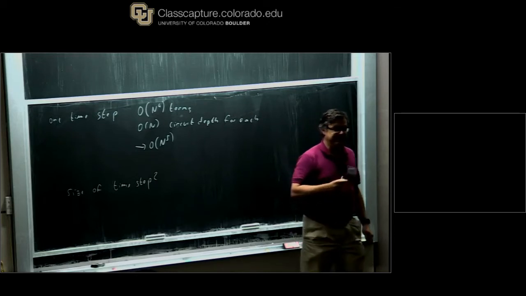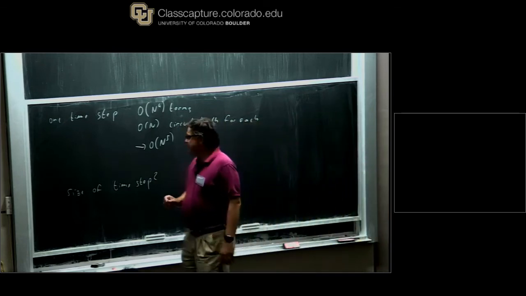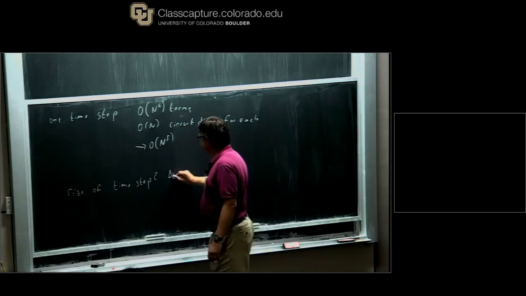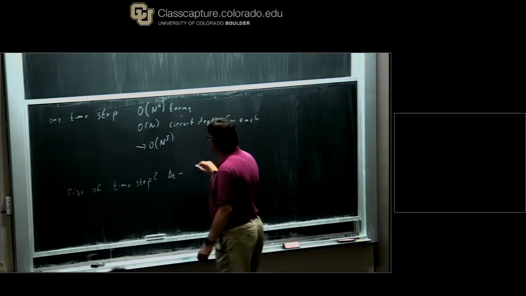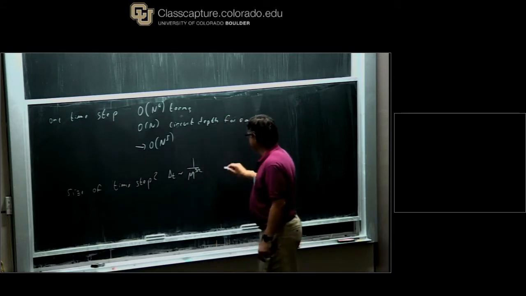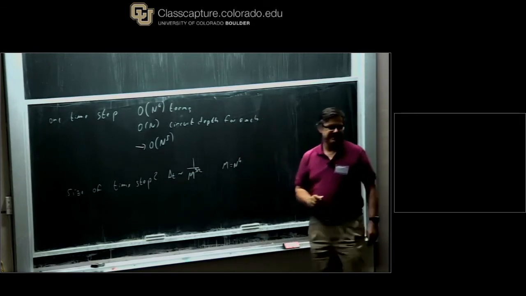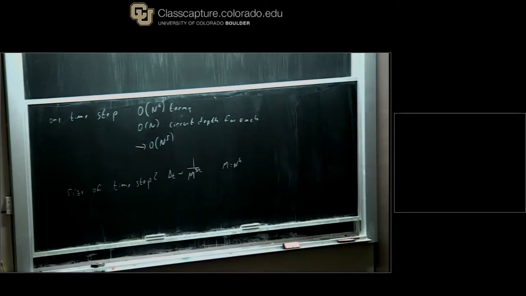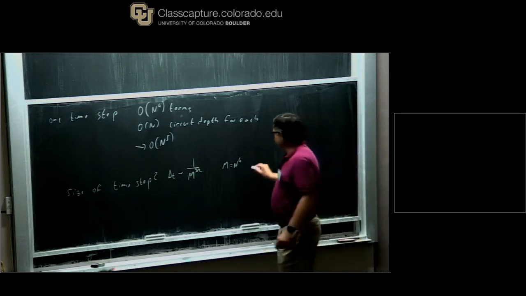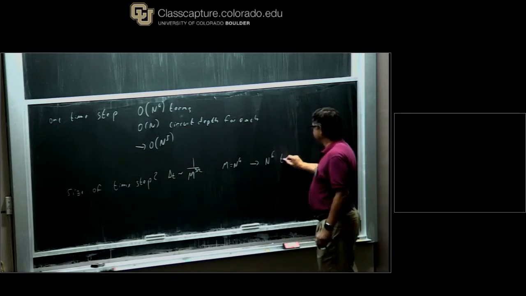In the second order one, the t that I choose has to go with 1 over the number of terms to the power of 3 over 2, where m is the number of terms, and m is n to the 4. That means for the propagation over some time, t, I need to do n to the 6 time steps.